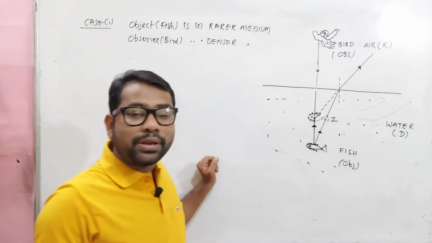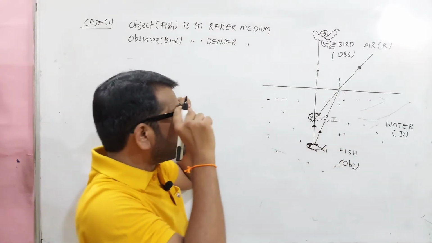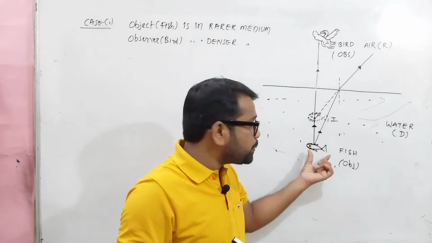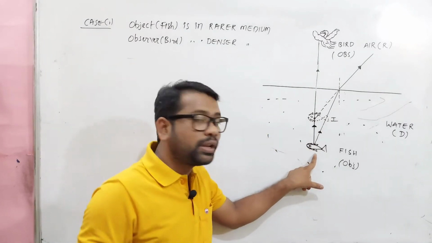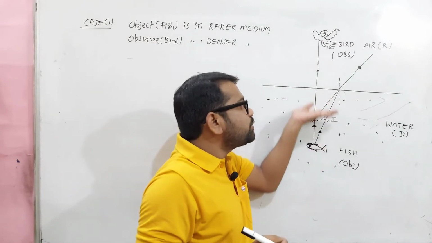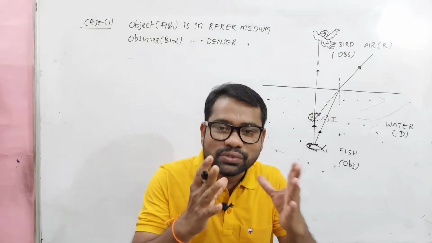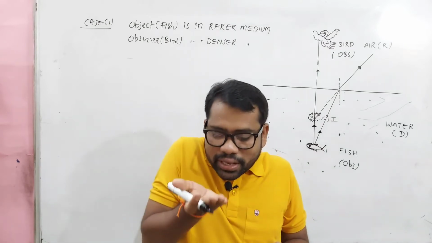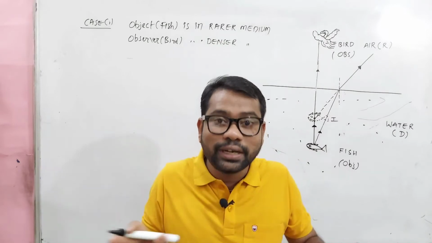Fish image is formed. It means what here? For a bird which is observing from the rarer medium, this fish actually is at this point only. But for that bird, it appears very close to the water surface. Which means for a bird, the fish is appearing very, very close. Actually, it is not.